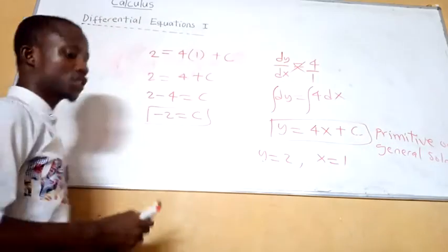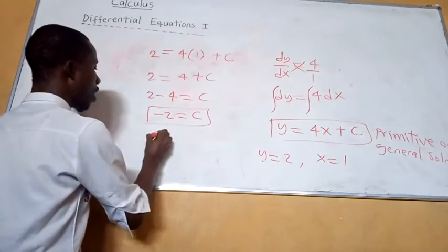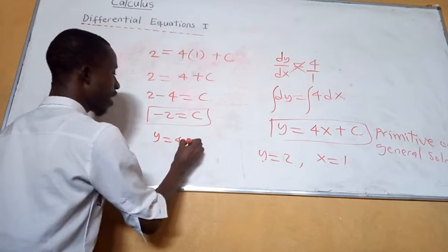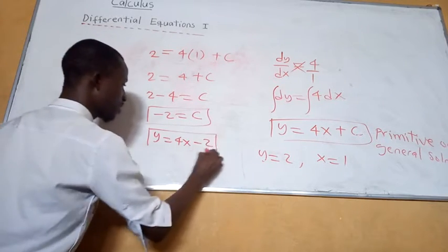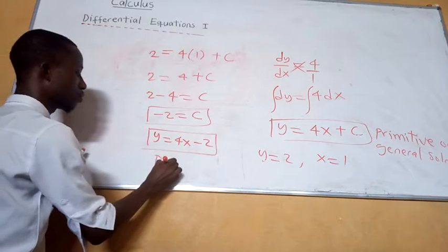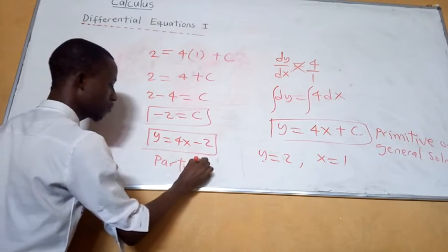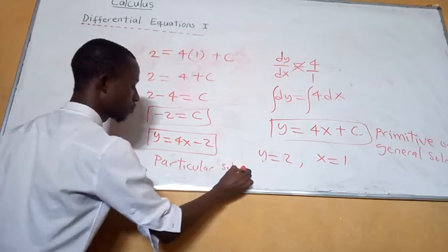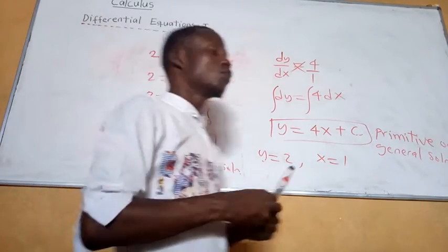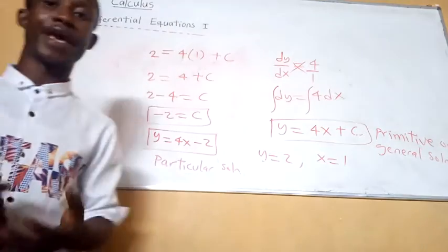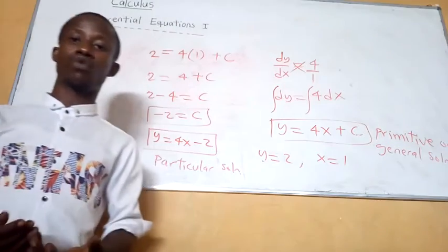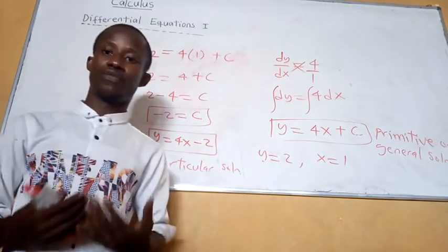So we have y = 4x - 2. So this is our particular solution. This is how we can obtain the particular solution and the general solution of a differential equation.